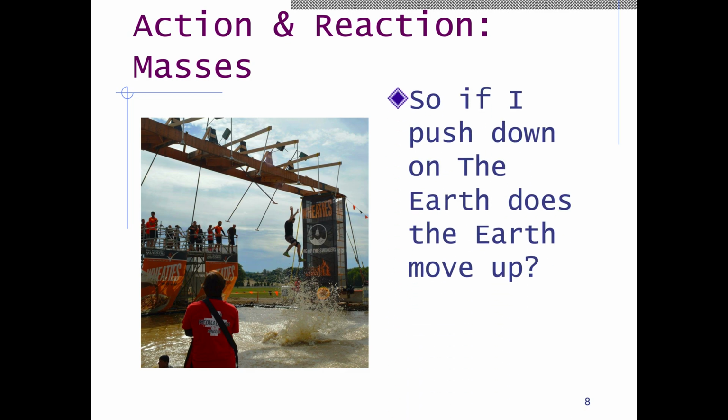So the same thing happens if I jump as high as I can, push off as hard as I can, and I push down. Does that mean that the earth pushes back on me? Yes. So would you see me jump? Yes. Would you see the earth move? Well, no. But does that mean that the earth doesn't move? No. It's just basically negligible. So long story short, those action reactions are going to be equal and opposite, but don't expect the effect to be the same.